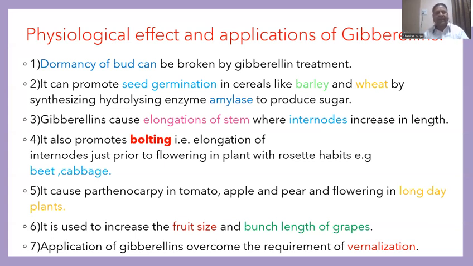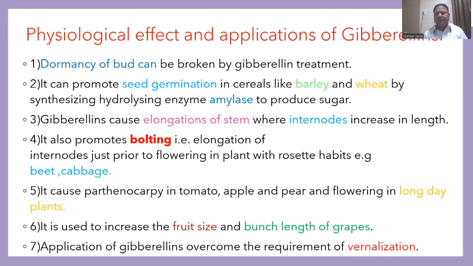Example, beet, cabbage, they are very dwarf ones. But when we apply the gibberellins, a little bit of the cabbage can grow above the soil. That is called bolting.